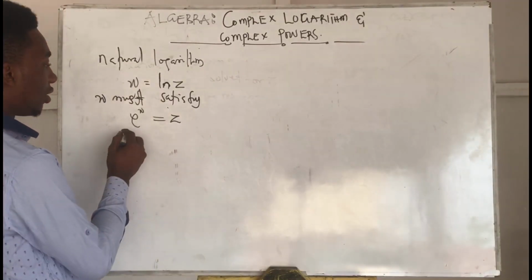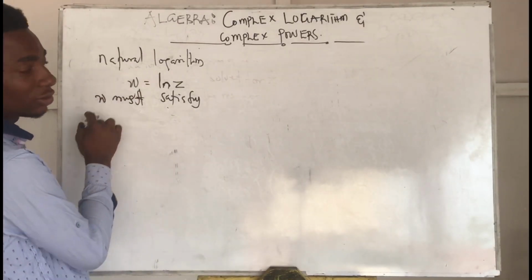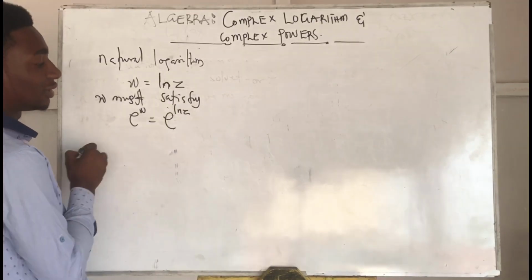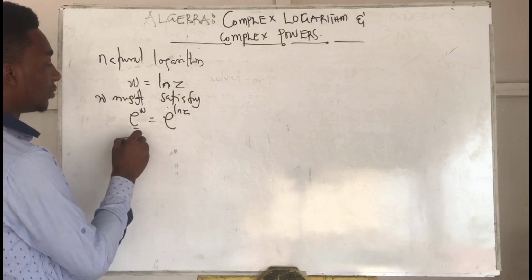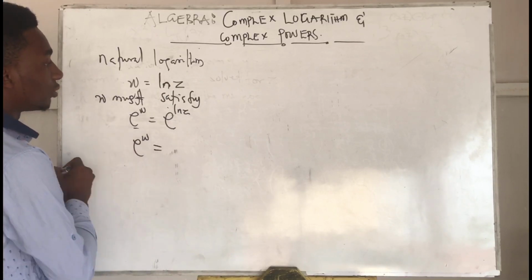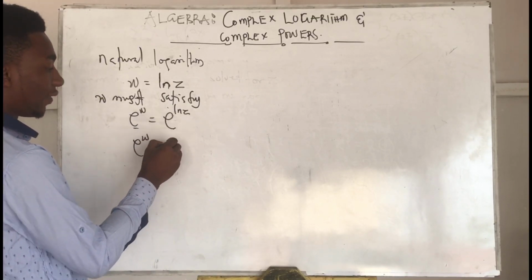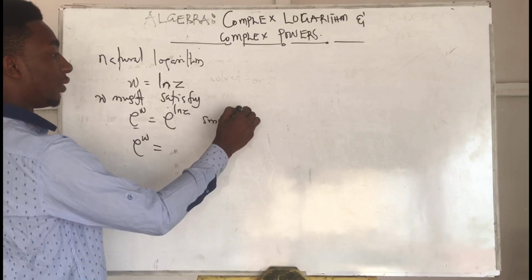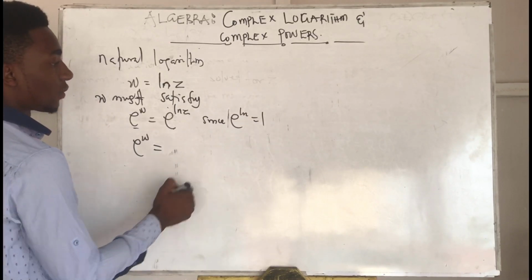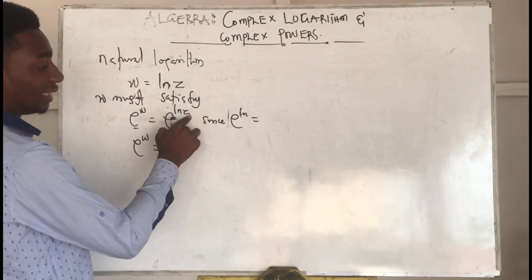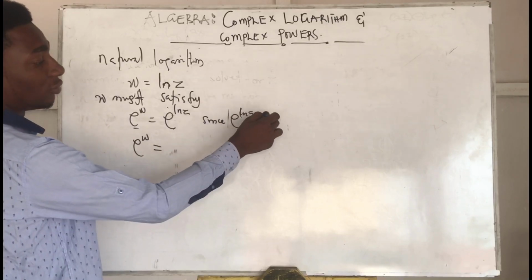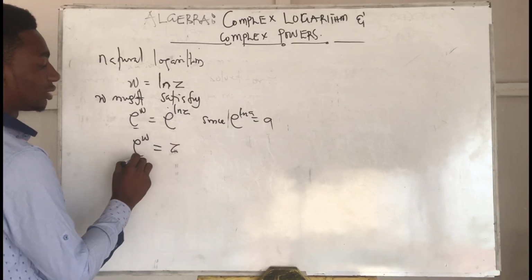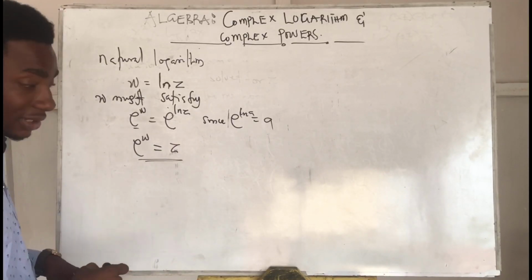Because if you take the exponential of both sides, e to the W is equal to e to the ln of Z. Because the bases are the same, e to the ln of any number A will be equal to the number A. Then we can say e to the W is equal to Z.